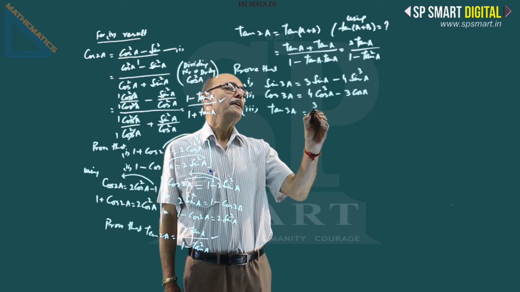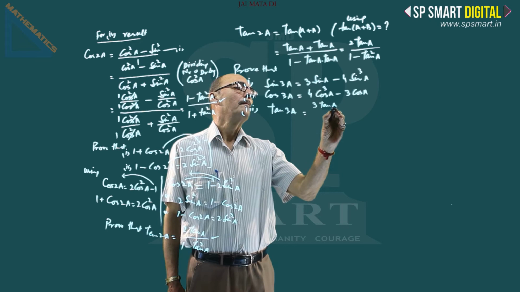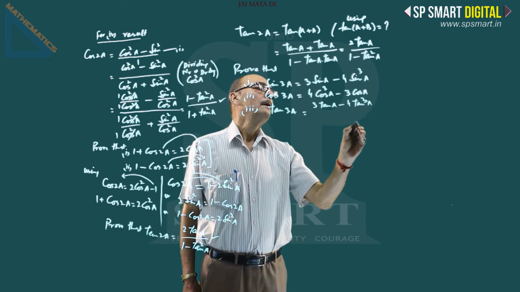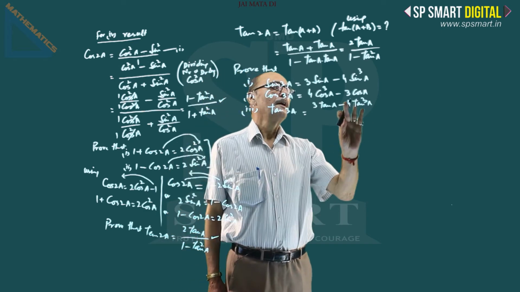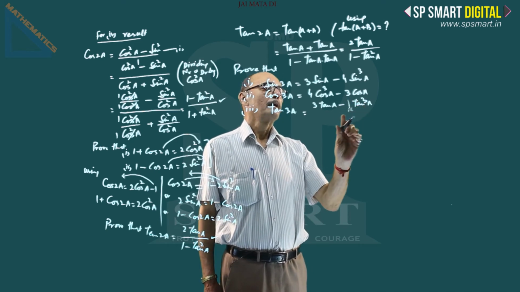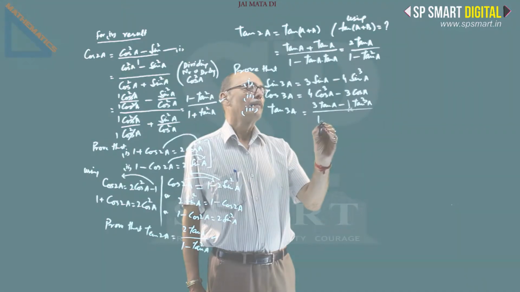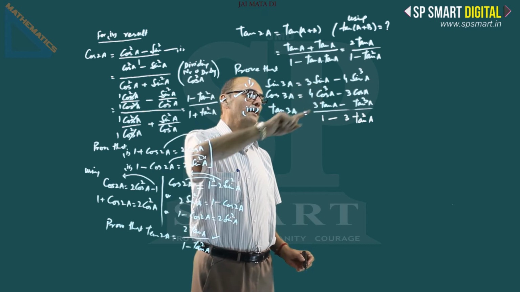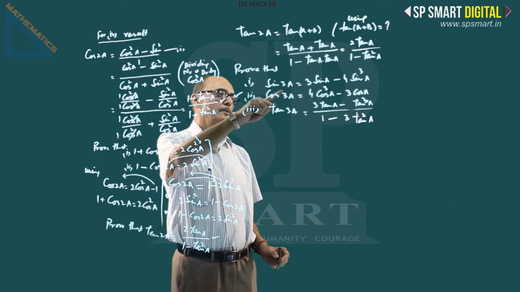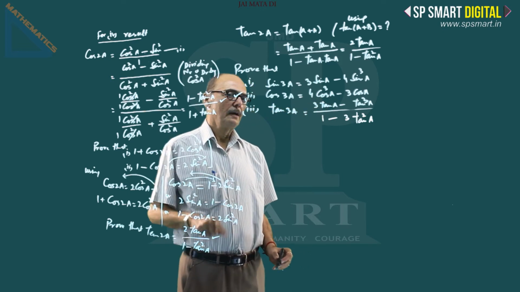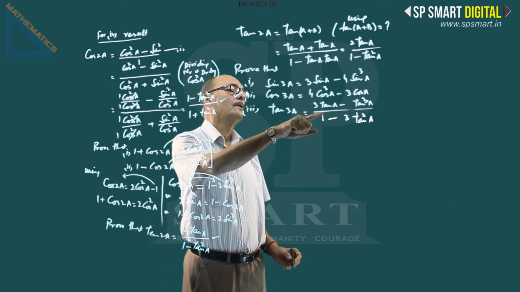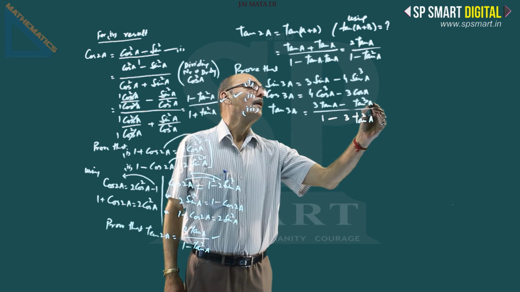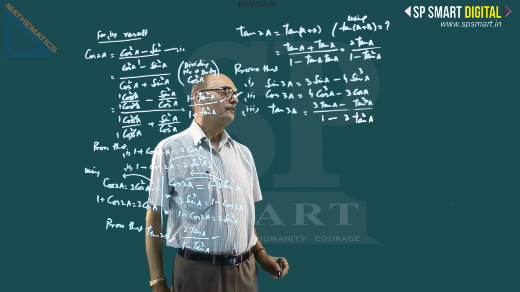This is 3 tan A minus tan cube A divided by 1 minus 3 tan square A. We shall prove this result one by one: sin 3A equals 3 sin A minus 4 sin cube A, cos 3A equals 4 cos cube A minus 3 cos A, and tan 3A equals 3 tan A minus tan cube A upon 1 minus 3 tan square A.